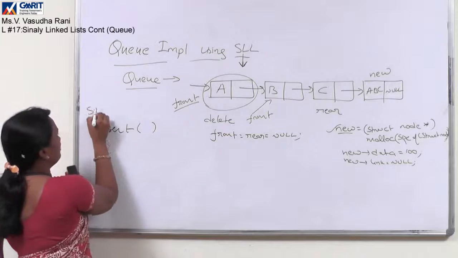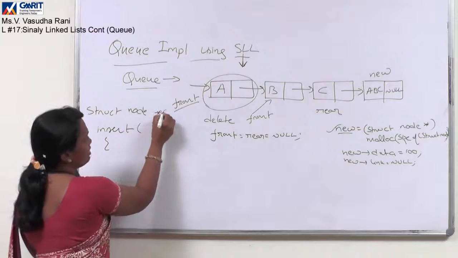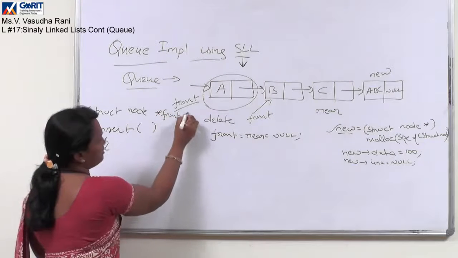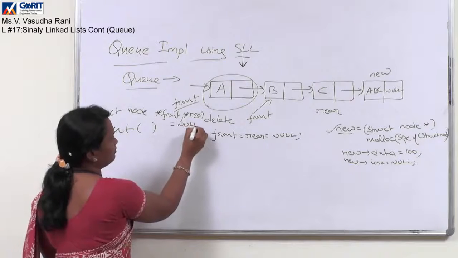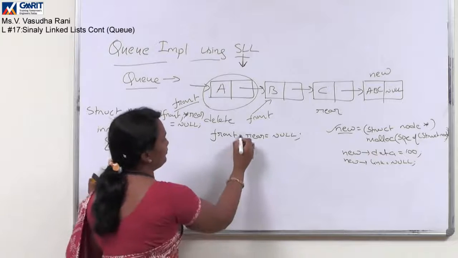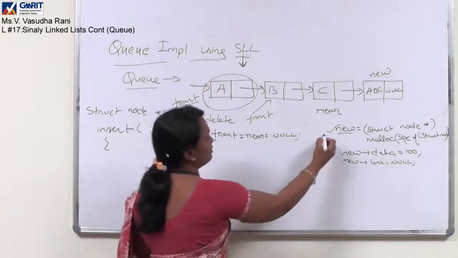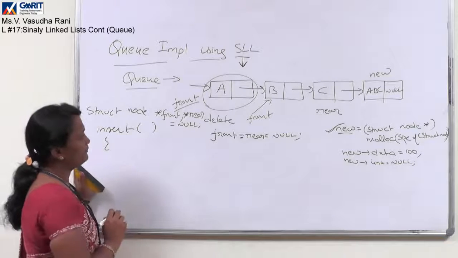So for this we can write the statement struct node star front, star rear equal to null. These two pointers we have to make null, and this new is for representing the new node to be added.